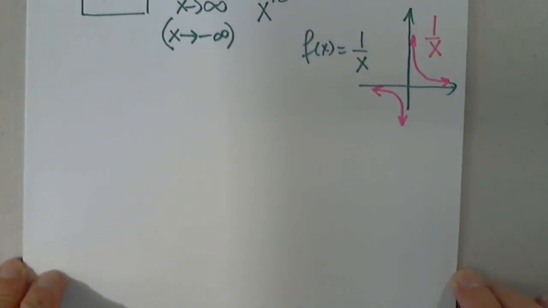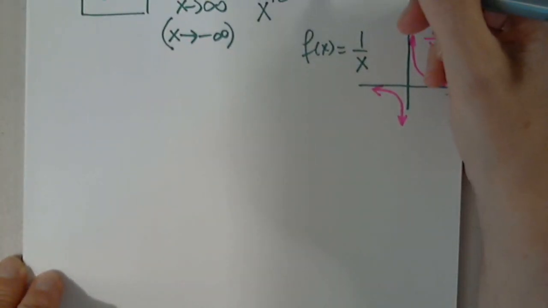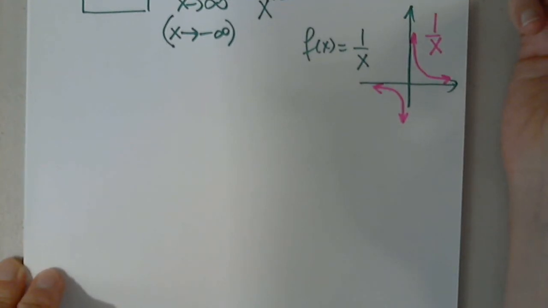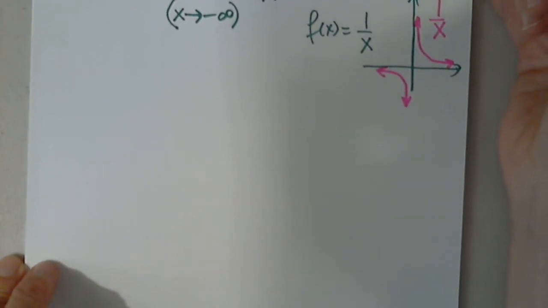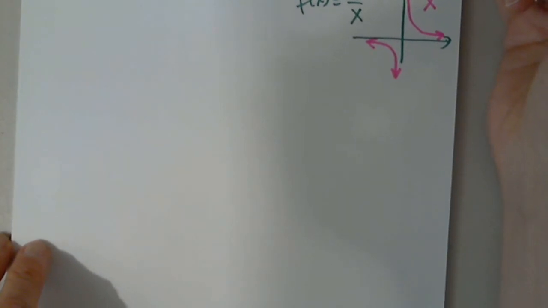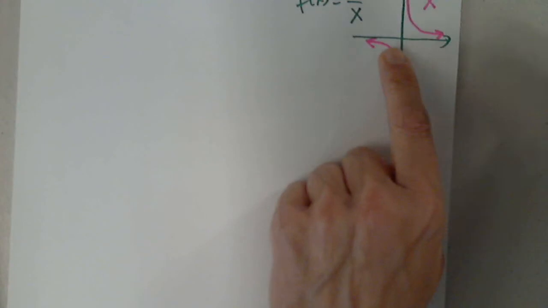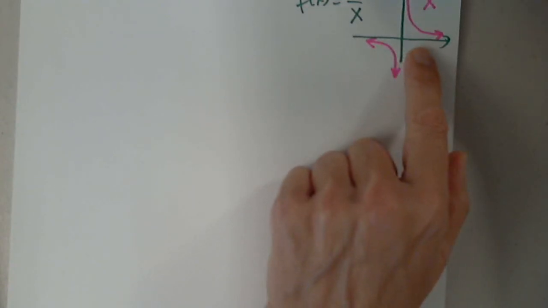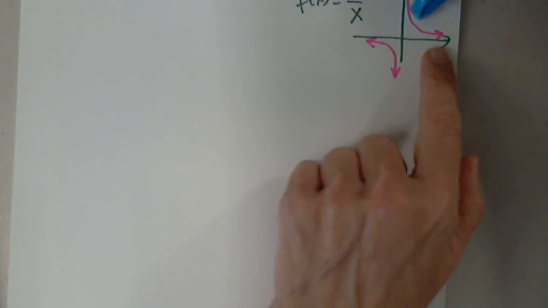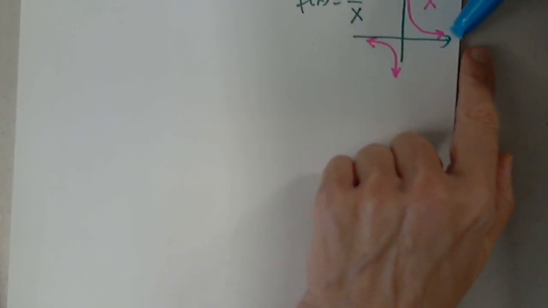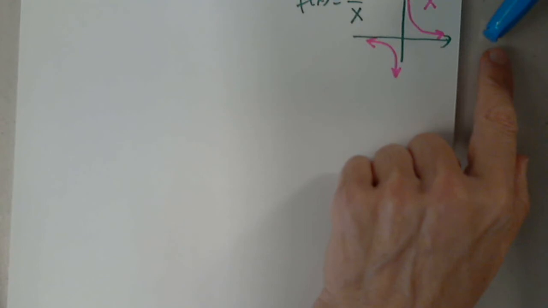What do we say? What do we write here? Anyone? Okay, follow my marker. As x approaches infinity, the function values get closer and closer to what? 0.